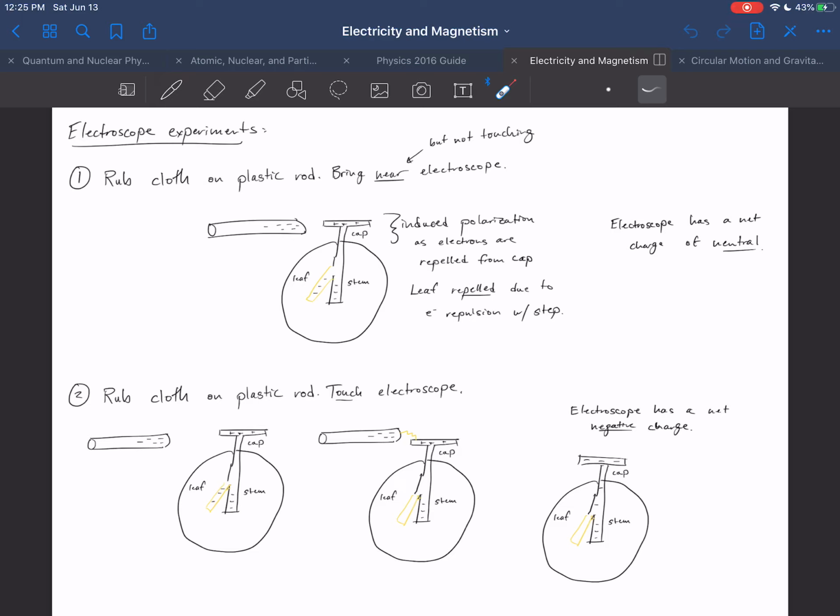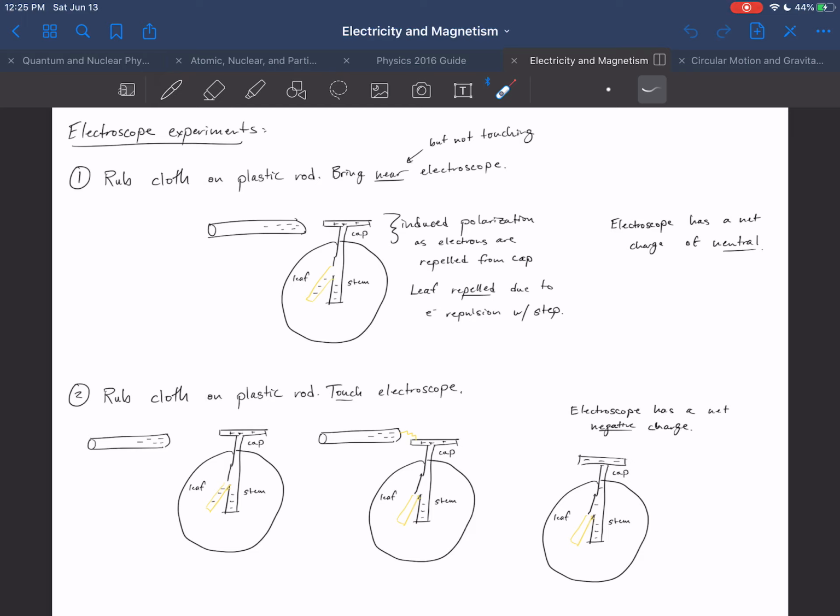But the cloth rubbed on the plastic rod is then brought near something called an electroscope, in this case a gold leaf electroscope. What an electroscope does is it allows you to sort of detect the strength of charges in particular ways. And we're going to see sort of how that works.